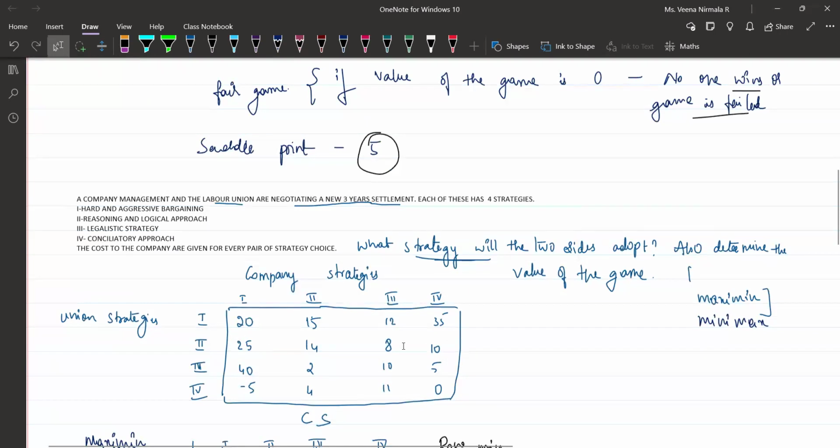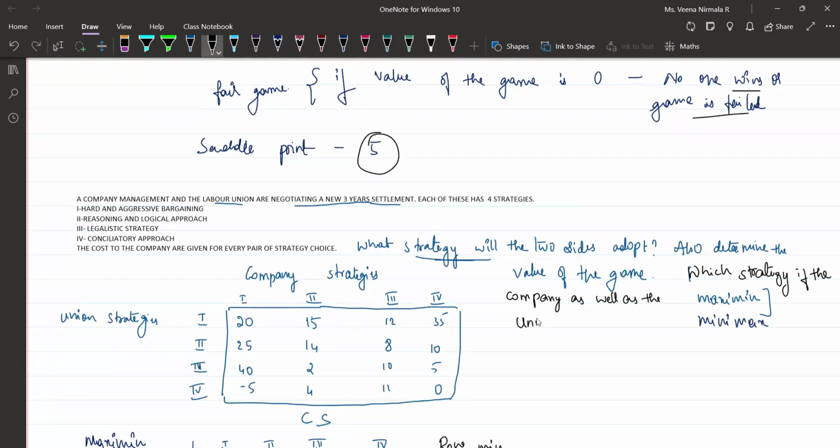Now the question is: determine the value of the game, and find which strategy the company as well as the union should choose for the success of the organization, according to maximin and minimax criteria.